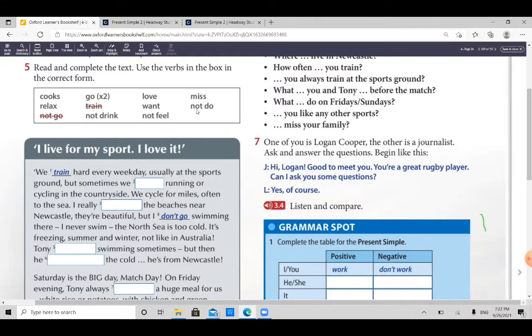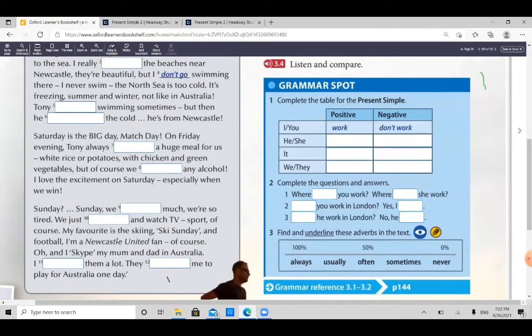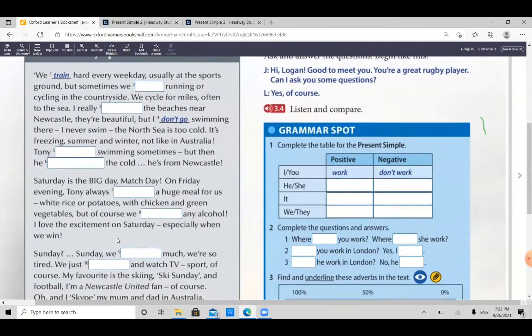For example, here, not do. This is not correct negative. We need to make it proper negative verb, like here, don't go, don't do, etc. So with not, you need to add helping verb and so on. I will give you, let's say, 2 minutes. Try to read it silently, then we will read it together.